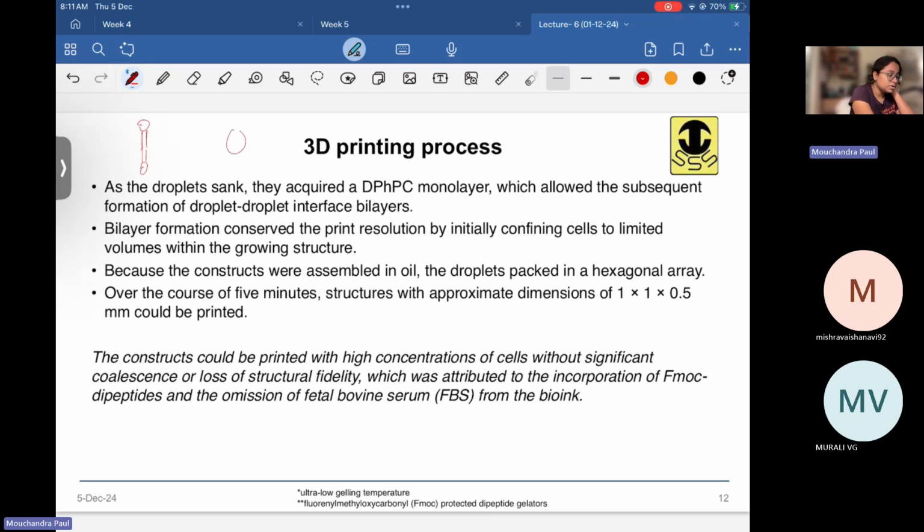Similarly, if this is a droplet with the hydrophobic tails coming out, the hydrophilic end stays inside. Obviously, oil is hydrophobic, so you will have droplets that have a lipid monolayer like this. So as more and more droplets are getting placed in a layer-wise fashion, the hydrophobic ends will interact with each other, right? And they form a bilayer.